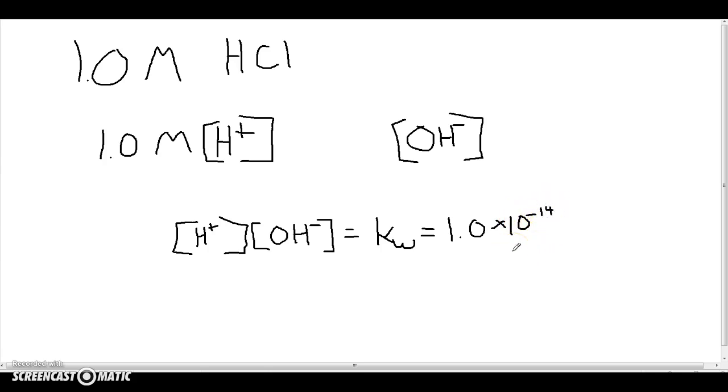Since it's 1.0 times 10 to the negative 14th, we can set this up like an algebra problem. Which of these things do we know? We know this one here. We know this one here. We don't know this one.